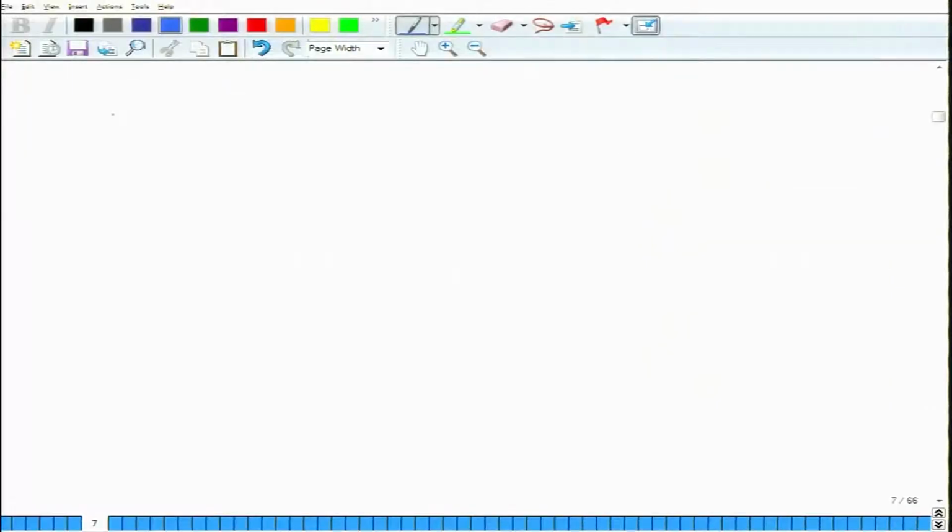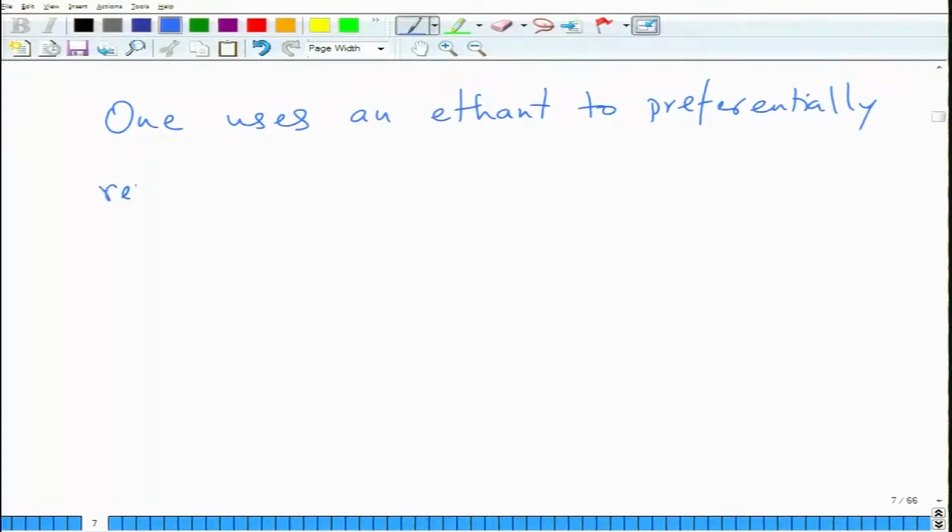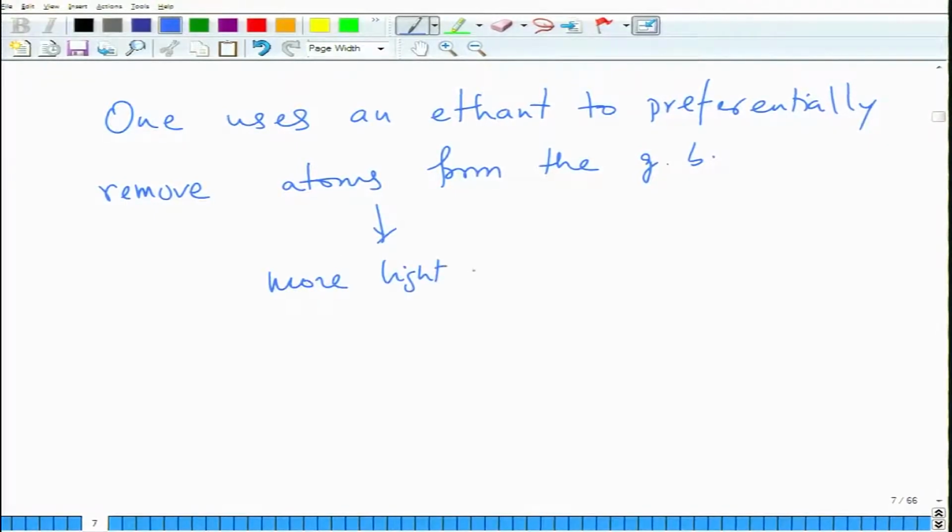Basically, one uses an etchant to preferentially remove atoms from the grain boundary, and as a result more light is reflected from grains than grain boundary.